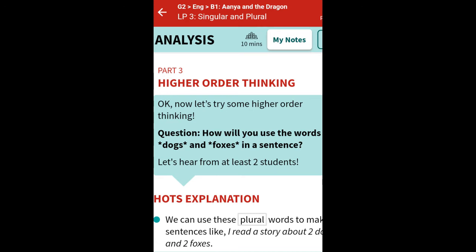So you have to make more sentences like this. This is your homework, your practice work. For your perfection, you practice more and more sentences. Minimum you make 10 sentences. During online class, I'm going to hear from everyone. Minimum 10 sentences you have to make. You can make more than 10 also if you know.